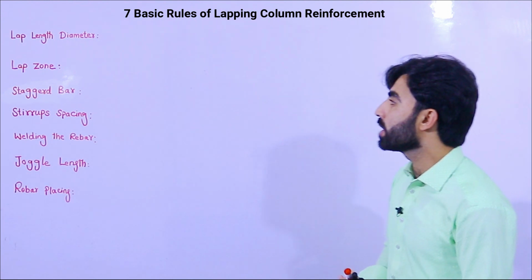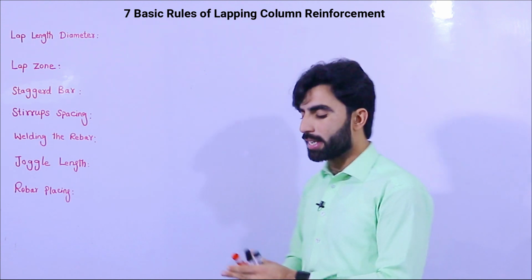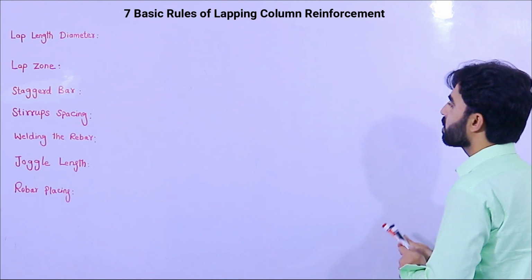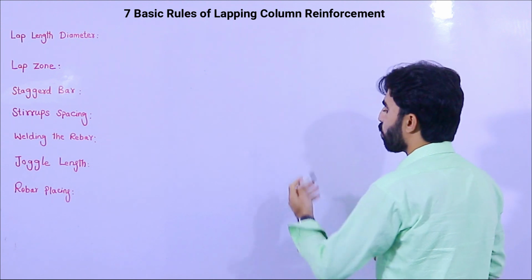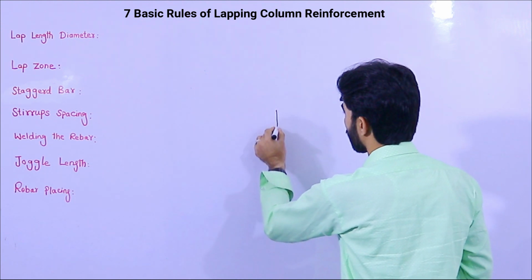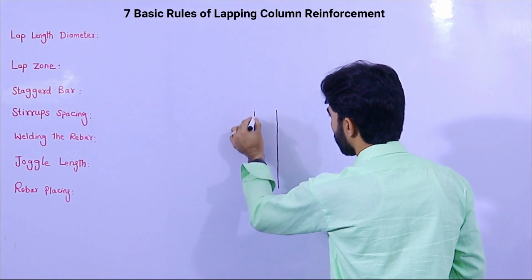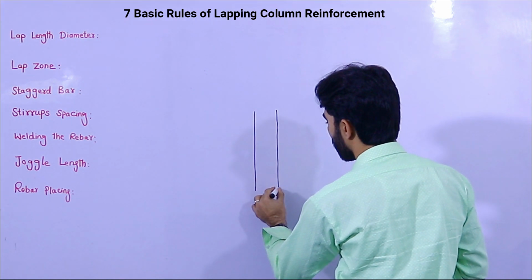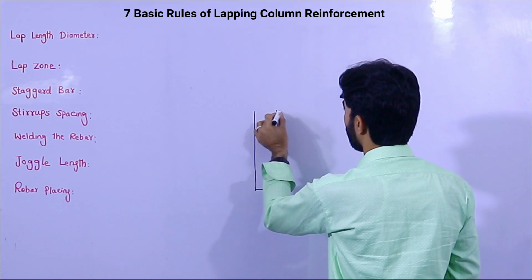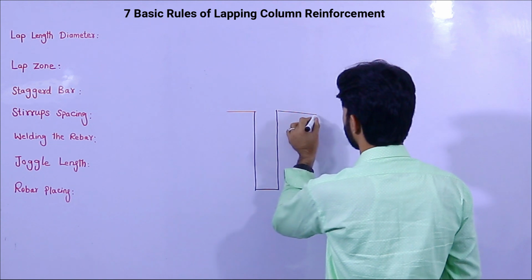So let me discuss the first one, lapping diameter. Remember guys, suppose I need to provide lapping length. As you can see, this is the column, and here you can see this is the slab.